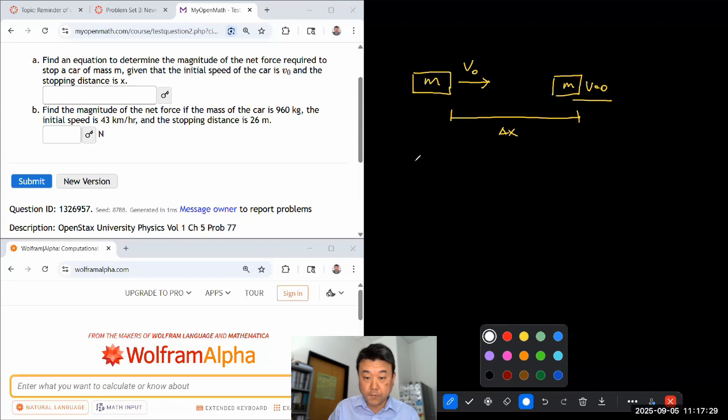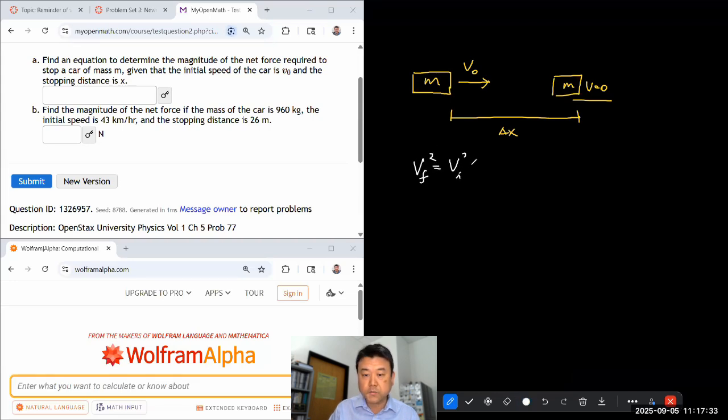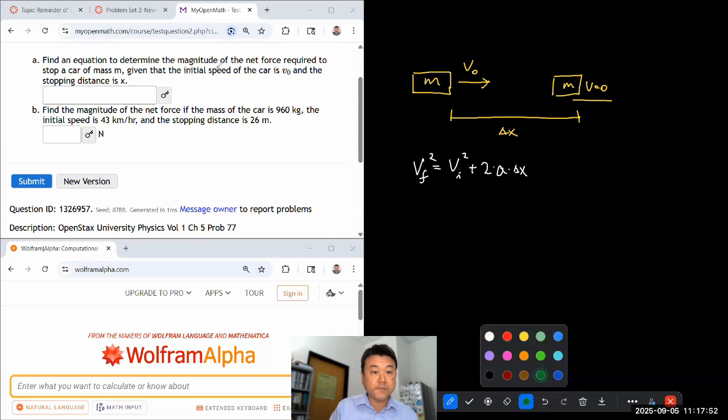So the v squared formula: v final squared is equal to v initial squared plus 2 times acceleration times delta x. That's what will be particularly convenient because it doesn't have to go through time information like most other kinematics formulas do.